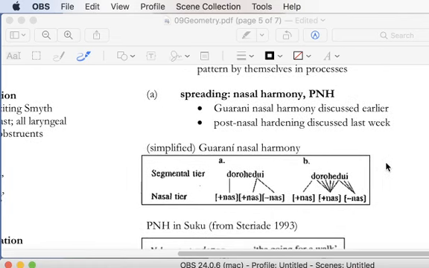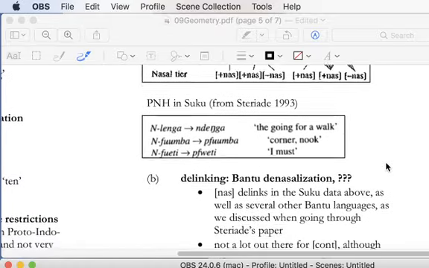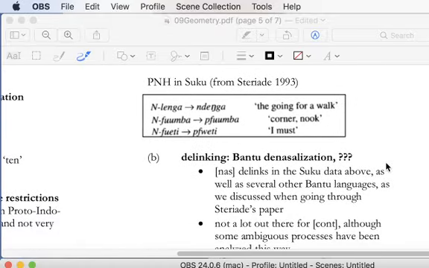Postnasal hardening is going to be spreading of continuancy, right? We saw lots and lots of examples of this in the Steriade paper that we looked at earlier. Here's one from Suku, where when this class 9 prefix n goes before a root that begins with la, that la hardens to a da.